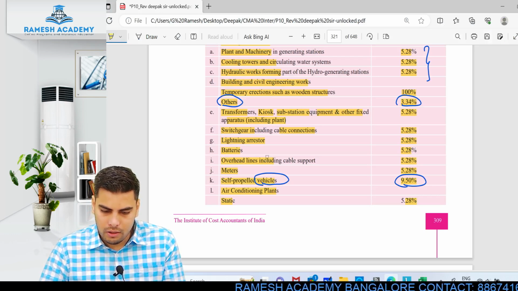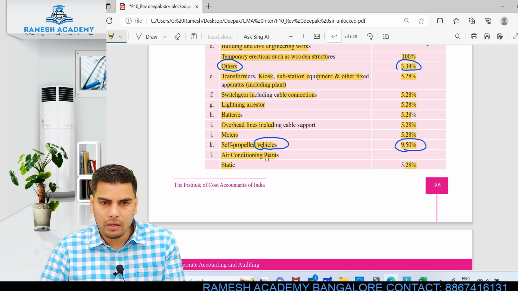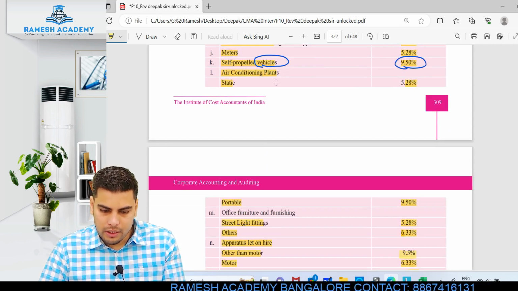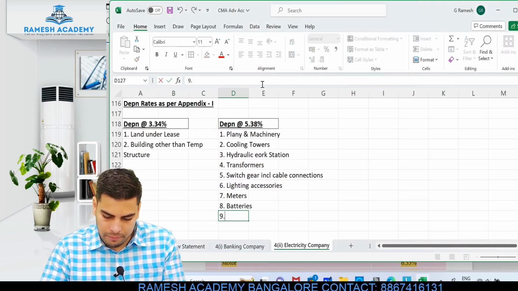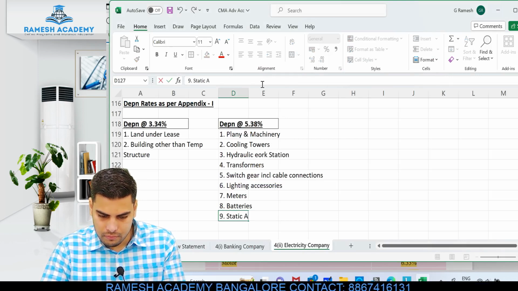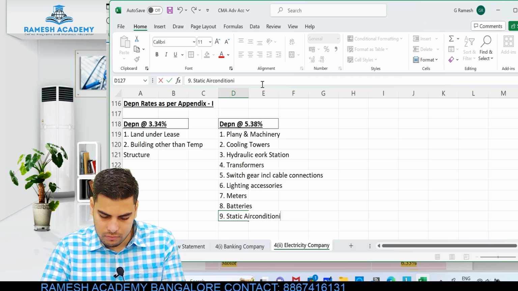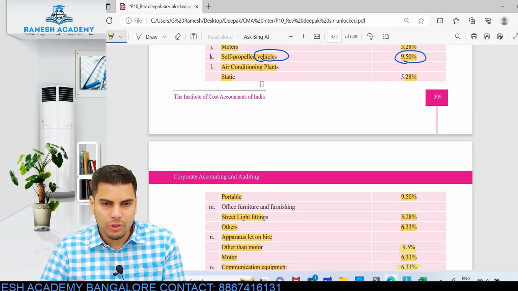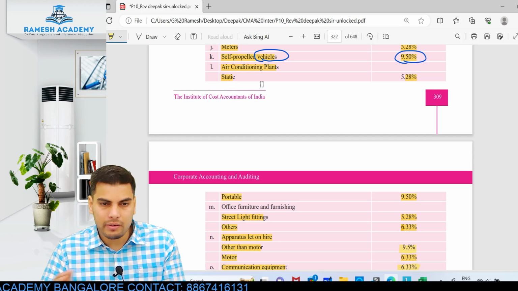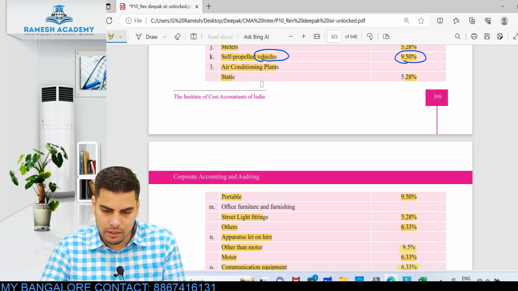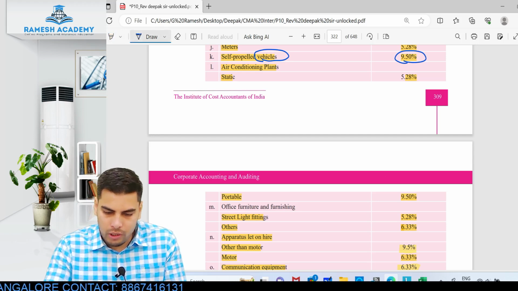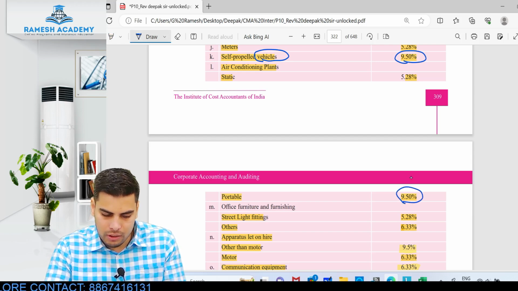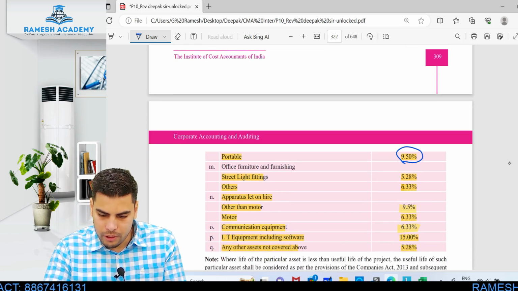All these things you'll be charging depreciation at 5.28. Then static air conditioning plant. Static is something which is stagnant and will not be moving. If it is portable, look at the rate, it is 9.5. For portable, the life would be a little less, so we charge a higher rate of depreciation. So 9.5 applies there.